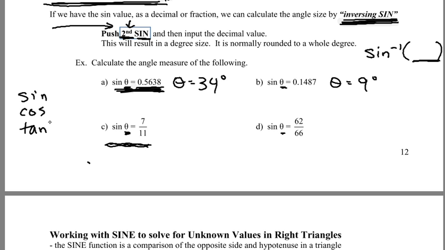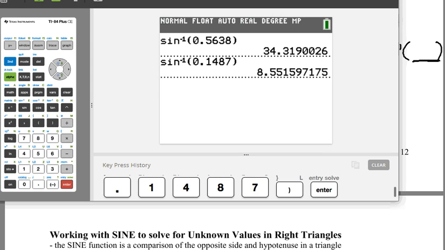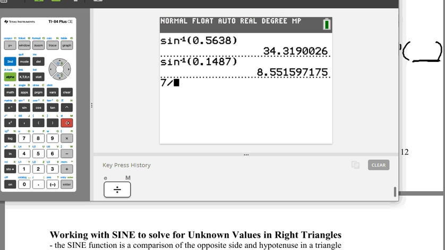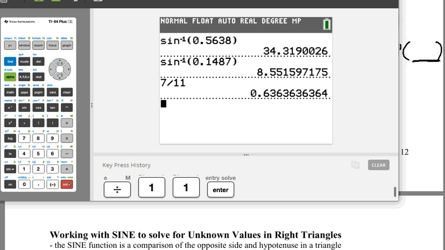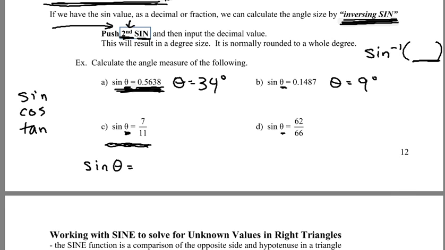Well, one possibility is we could actually first turn the 7 divided by 11 into a decimal. So convert a fraction to decimal form. So 7 divided by 11, just do the division of it, to 4 decimal places. Decimal 6363.